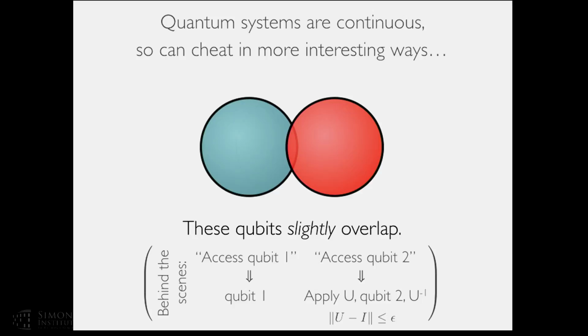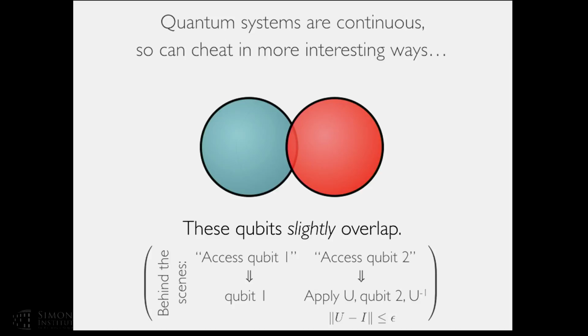When you turn to the quantum case, it gets a little bit more complicated because a qubit, a quantum bit, is a continuous system. And so this means that they can just overlap a little bit, for example. It basically gives you more ways that the quantum SD memory card can cheat you. For example, here I'm showing a picture. Imagine that you have a 4-dimensional system, so there are actually 2 qubits there.